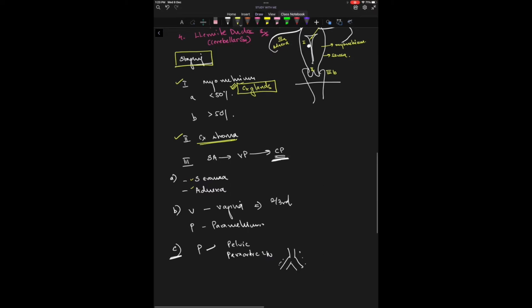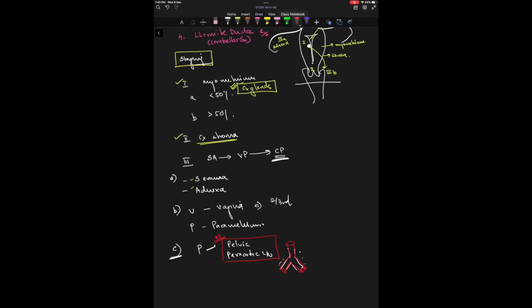Okay, and always remember first the upper 2/3 is involved because obviously the upper 2/3 is in contact, so it will be involved first. And C is CP. Okay, remember CP, that is nodes.